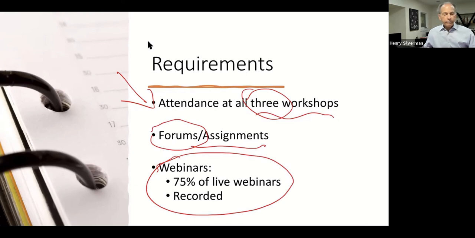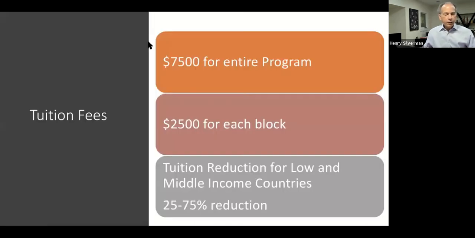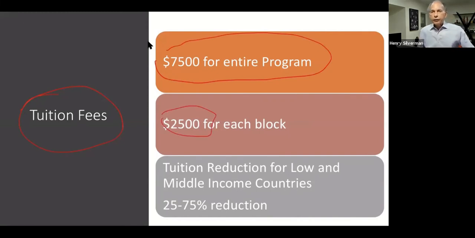Now, in terms of tuition fees, it's $7,500 for the entire program, or $2,500 for each block. We realize that this is expensive. Having said that, we have tuition reduction for individuals coming from low and middle income countries. The tuition reduction could be as much as 75%.